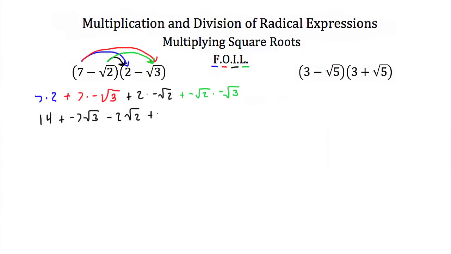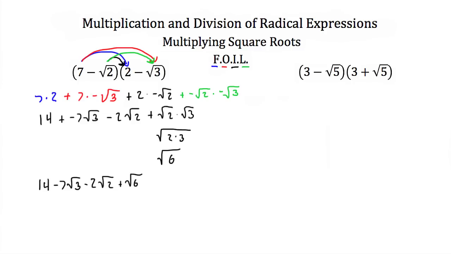So this is just the square root of 2 times the square root of 3. The square root of 2 times the square root of 3 I can write as the square root of 2 times 3, and that's just the square root of 6. So my answer then would just be 14 minus 7 square roots of 3 minus 2 square roots of 2 plus the square root of 6.